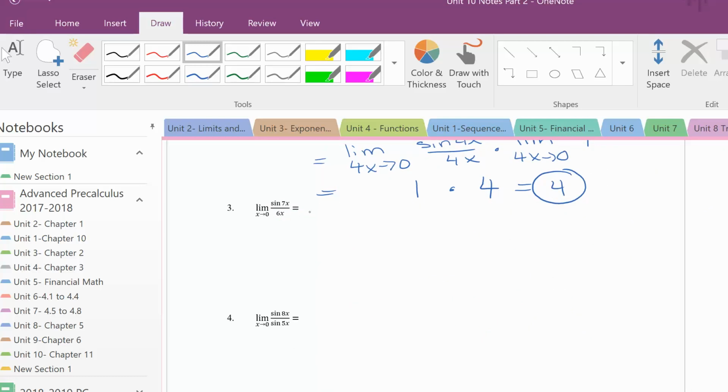So same thing for number 3. Now here, we're going to say the limit as x approaches 0 of sine 7x over 6x, and now we're going to multiply top and bottom by 7. So it's going to equal the limit as x approaches 0 of 7 sine 7x over 7 times 6x.